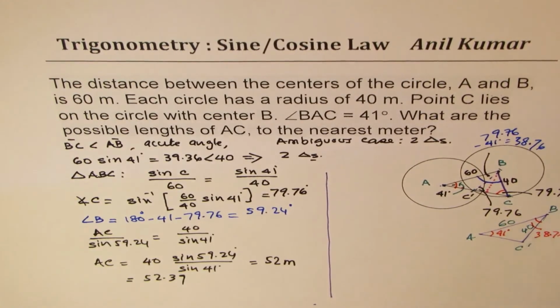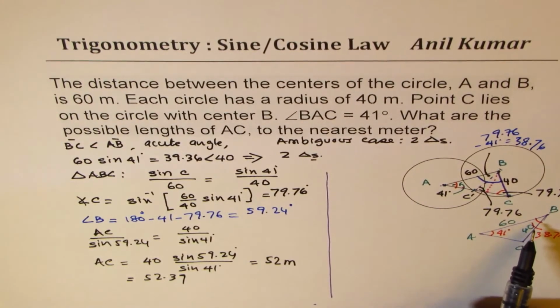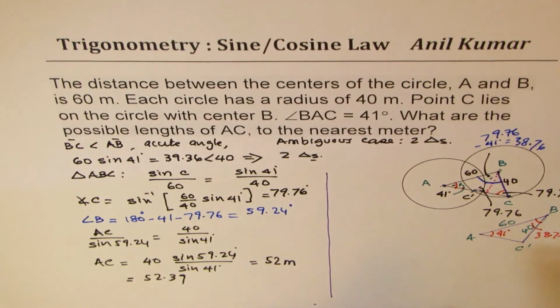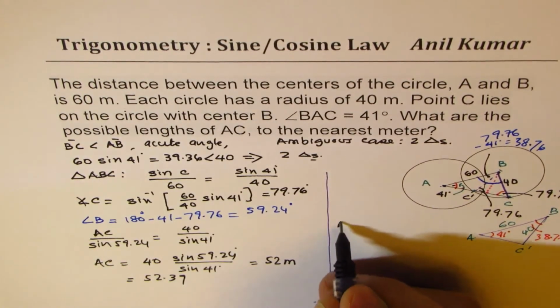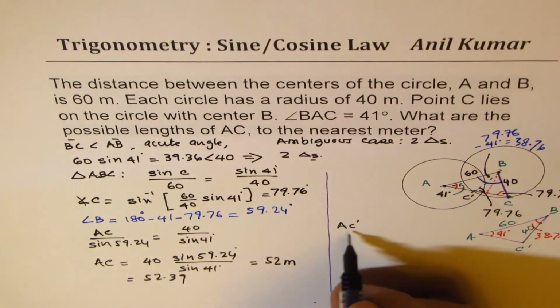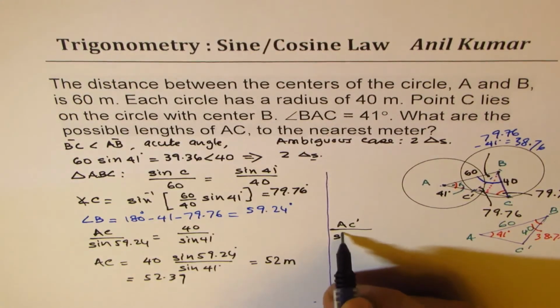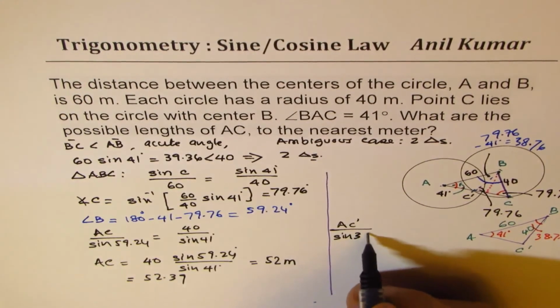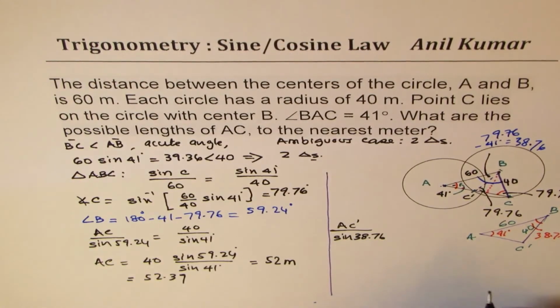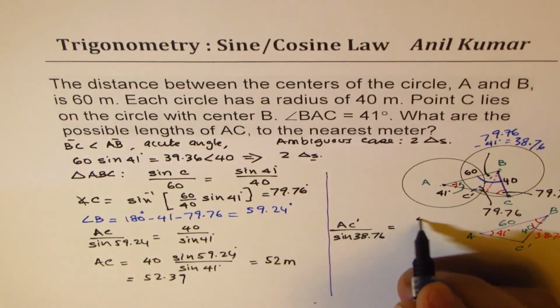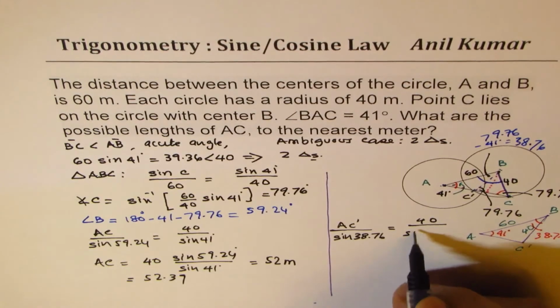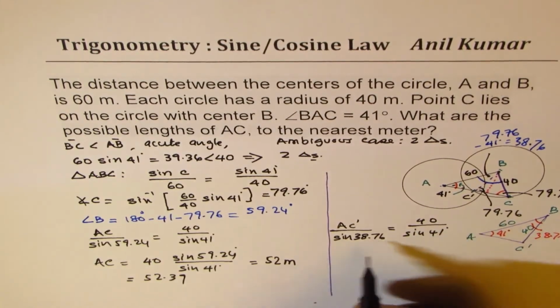So this is 40 for us. So in this triangle, since this small angle now is 38.76, same formula, so we say AC dash over sine of 38.76 equals to 40 over sine of 41 degrees.